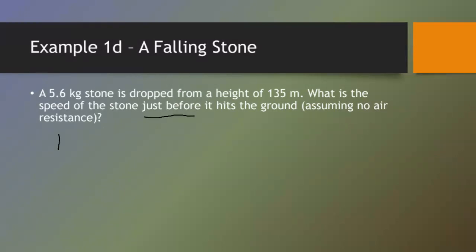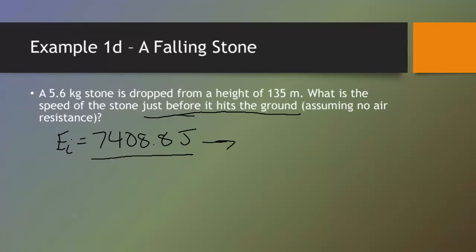Well, we know that the total energy of the system, what we started with, is 7408.8 joules. By the time just before it hits the ground, all of this potential energy has now become kinetic energy. The height just before it hits the ground is equal to 0.